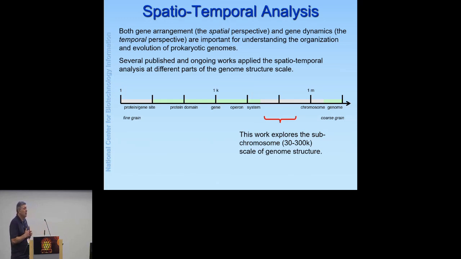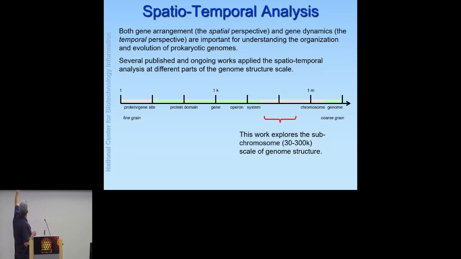So we have published already several papers on using this spatial-temporal approach to microbial genome dynamics. Some other works are in progress, but here I want to pay attention to this work, which explores the gap on the scale.